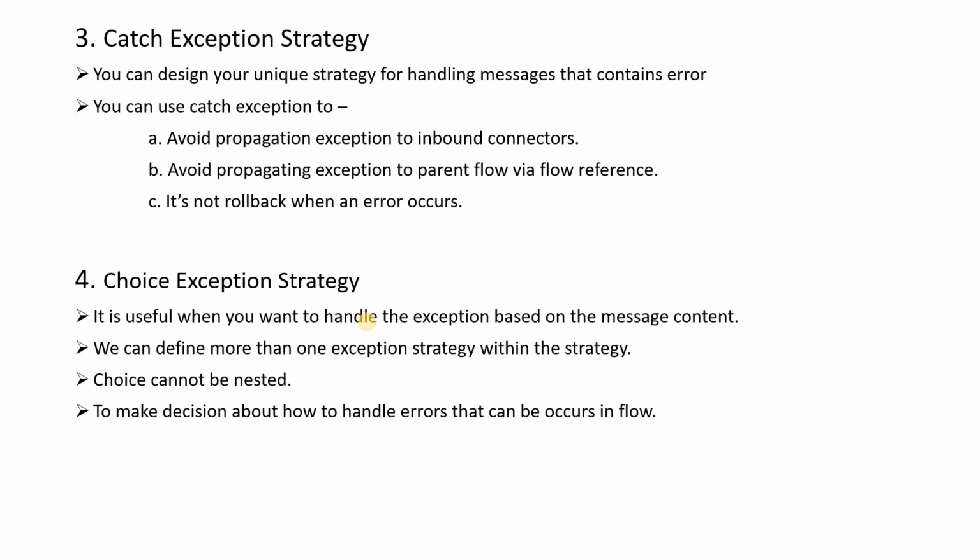So in choice exception strategy you can define a catch exception strategy or a reference exception strategy, whatever you require. But choice cannot be nested, meaning inside a choice we cannot use another choice exception strategy. So to make a decision about how to handle errors that can occur in a flow, we can use the choice exception strategy.